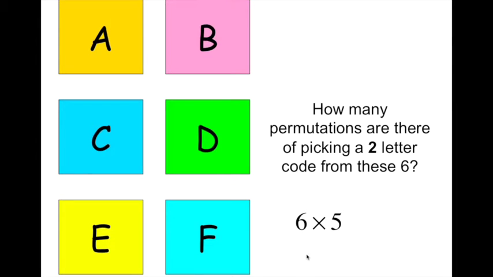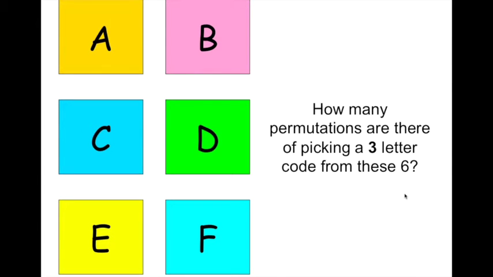So if we've got 6 times 5, we're basically thinking we've got, for factorials, 6 times 5 times 4 times 3 times 2 times 1, but I then need to cancel out the 4 times 3 times 2 times 1, so that's going to be 6 factorial divided by 4 factorial. That would then just leave me with the 6 times 5. So we'll come back to that later. That's going to help us to find the overall formula.